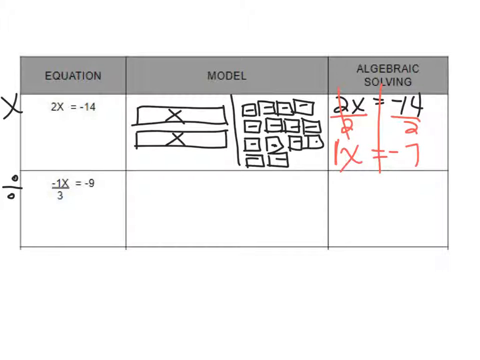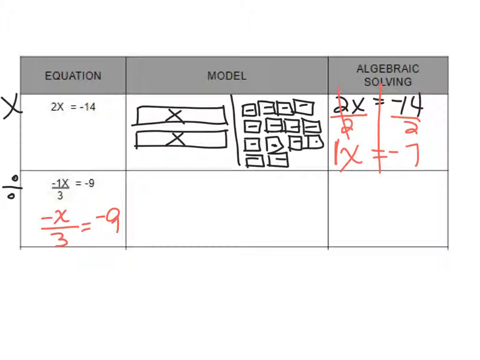Okay, so now the next one says negative 1/3 x is equal to negative 9. Basically, you won't see that 1 there. You only see it every now and then, but it could have been shown as negative x over 3 is equal to negative 9.